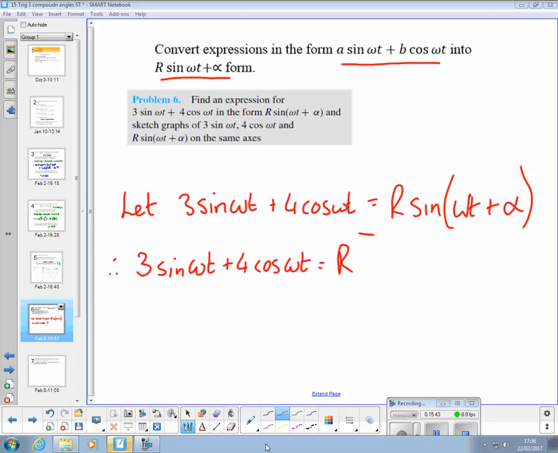We've got to keep the R. Using the compound angle formula, we can go the other way: sine of A plus B, this being omega t being A and alpha being B. So instead of writing A, we write omega t.